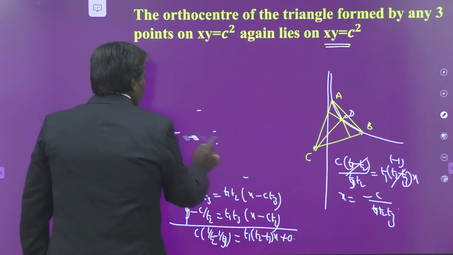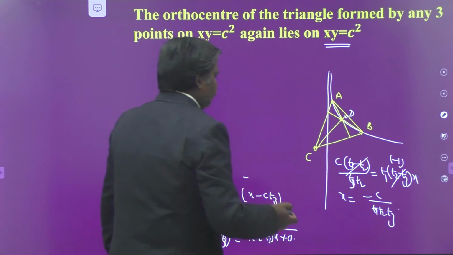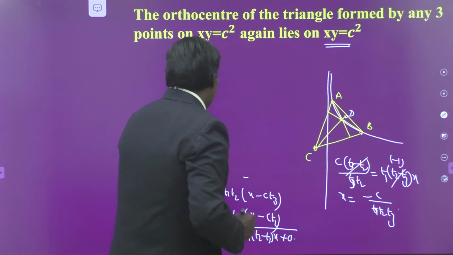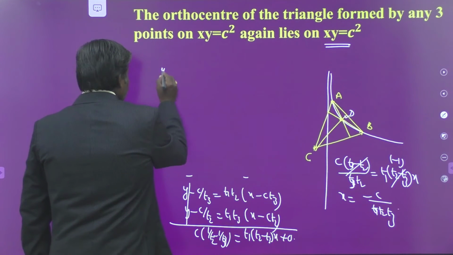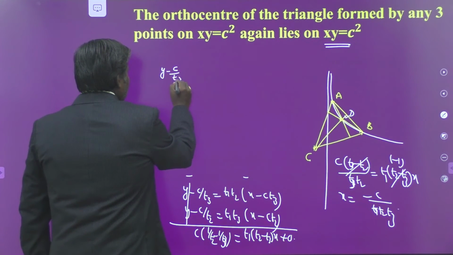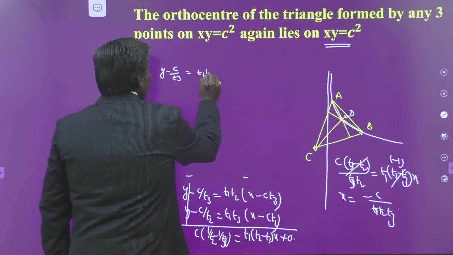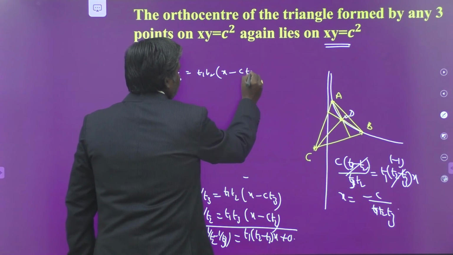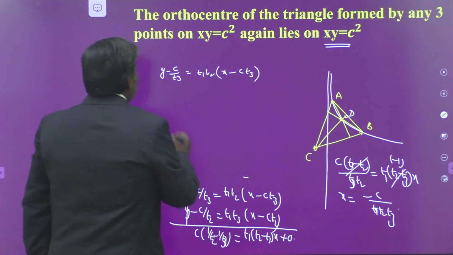Now we are going to find out the ordinate of the orthocenter. Substitute x in this altitude. What is the altitude here? y minus c/t3 is equal to t1 t2 times (x minus ct3). What is your x coordinate? Minus c by t1 t2 t3.